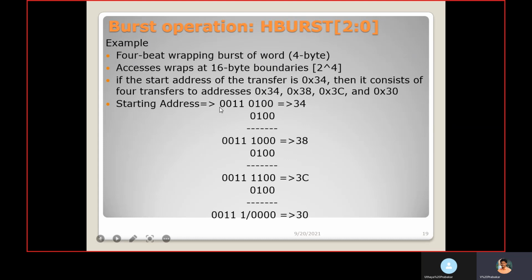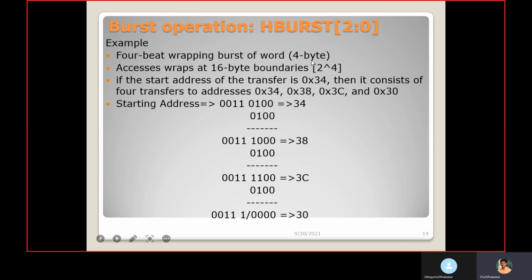We are mentioning the start address as 34. Each transfer, 4 bytes will be incremented, so we need to add 4 to get the next address location.